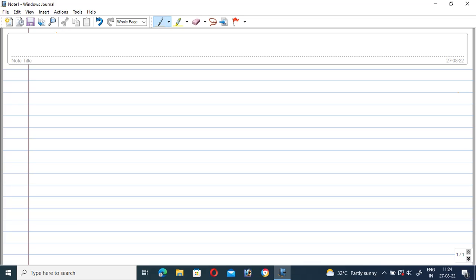So let us see the 4 by 1 multiplexer. Let us see the block diagram or graphical representation for the 4 by 1 mux.